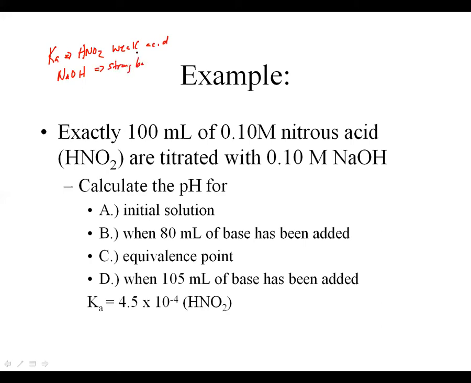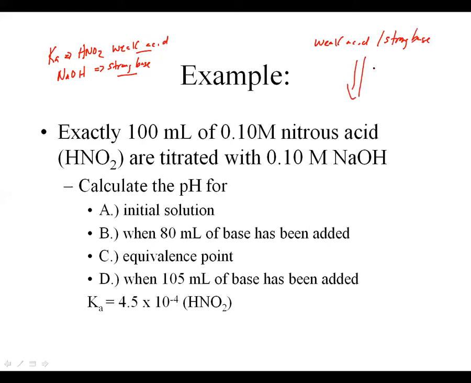So this is our titration of a weak acid with a strong base. We want to make sure we understand those things. It's going to help you understand what's going on at each step along the way, or what should be going on at each step along the way. So this again is a weak acid, strong base titration.